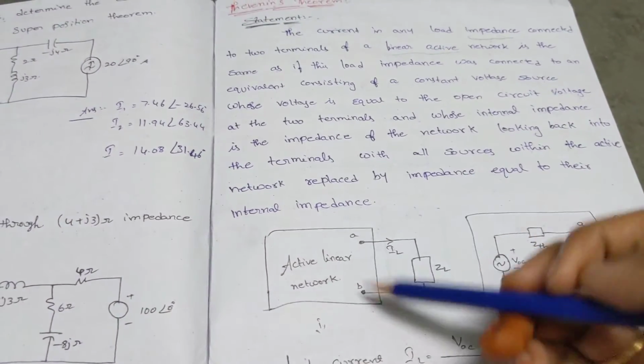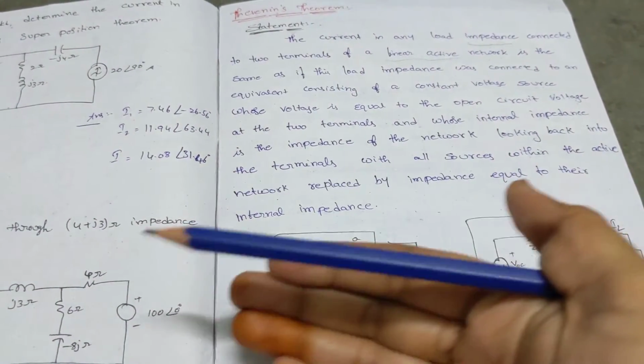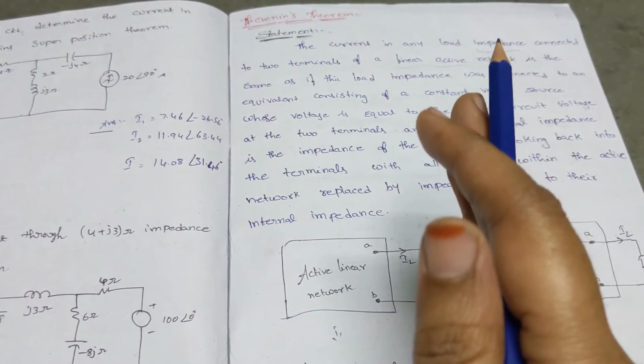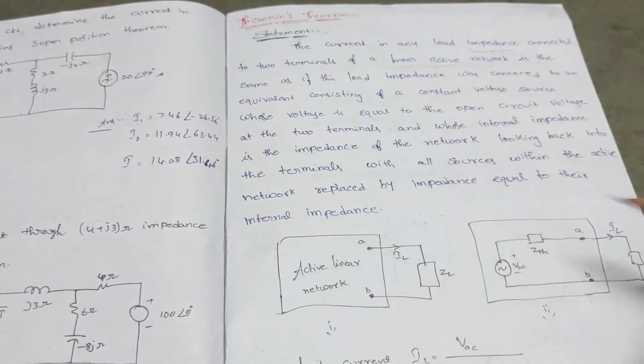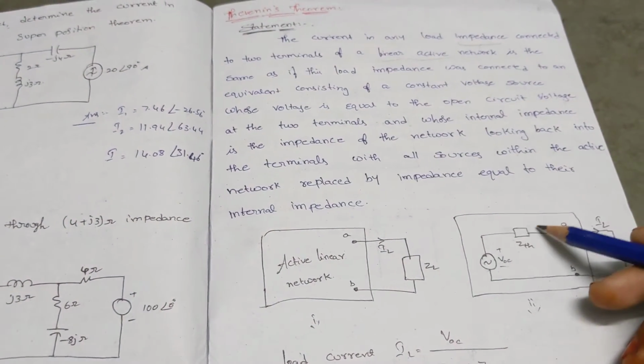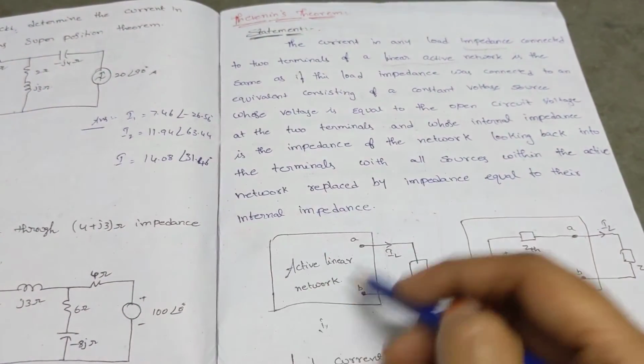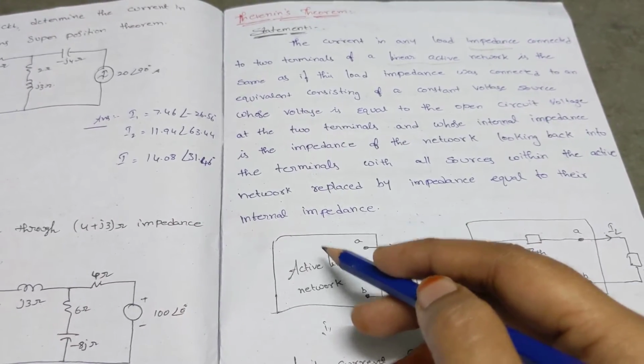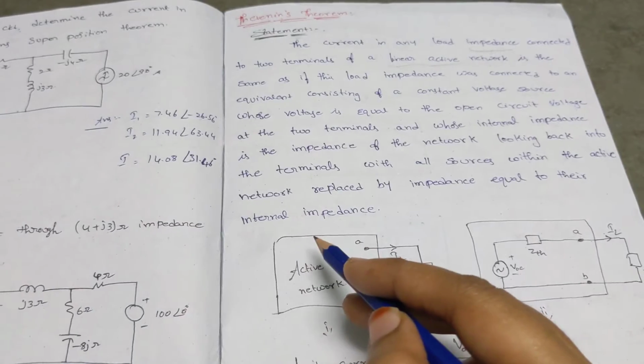When I am looking into the network, what will be the total impedance that will be connected? For example, if you have 10 resistors in this active linear network, I am not considering all 10 resistors.